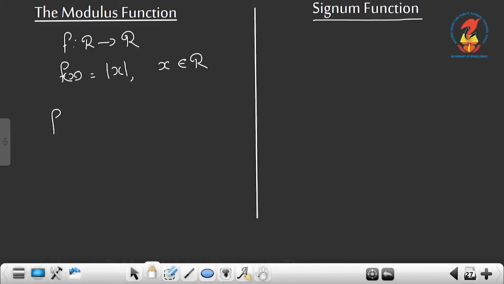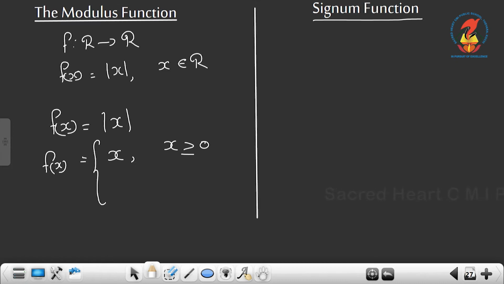So f of x is equal to mod x. This we again defined in two ways. If x is positive or 0, we just write that number itself. So this function is equal to x itself when x is greater than or equal to 0.